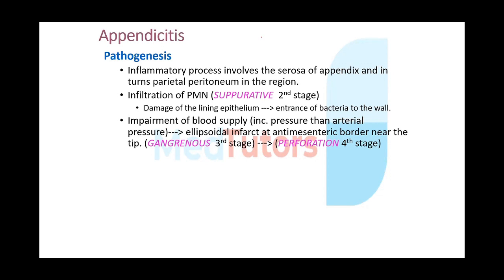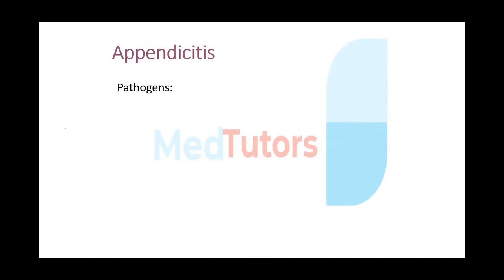Now, the commonest site where you have perforation is at the tip of the appendix. Now, you should know that this process is not inevitable. Sometimes it may subside spontaneously.